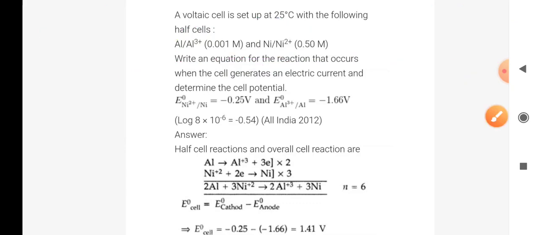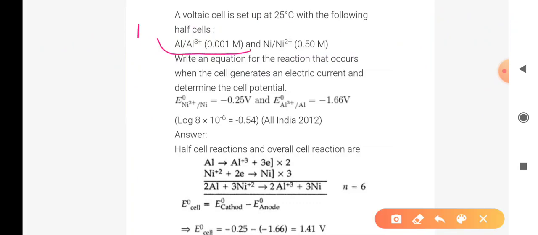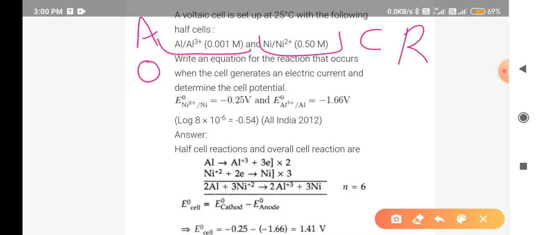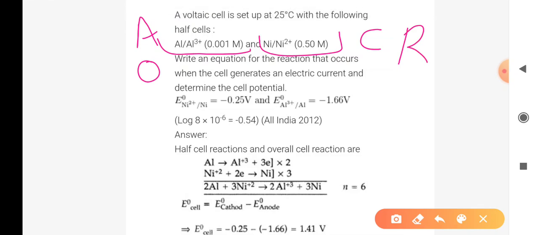Now we will write the equation: this is the left hand side, anode and oxidation, and this is the right hand side, cathode and reduction. So first we will write the reactions: aluminium going to aluminium 3 plus with electrons for oxidation, and Ni2 plus plus electrons going to Ni for reduction.